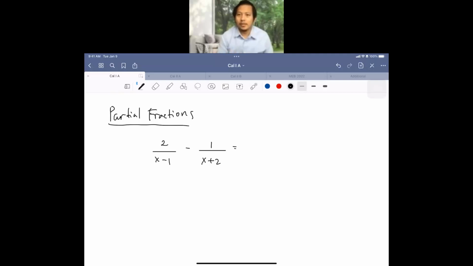If we have these two fractions, we need to subtract the two. Usually, what we do is compound the denominators. We multiply, and we write at the bottom x minus 1, x plus 2, like that. And then the top will be 2 times x plus 2 minus x minus 1. We can solve this.